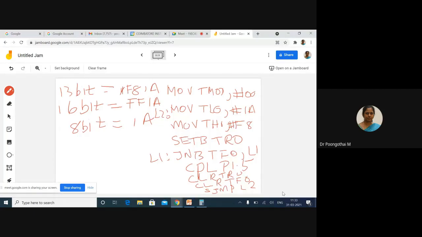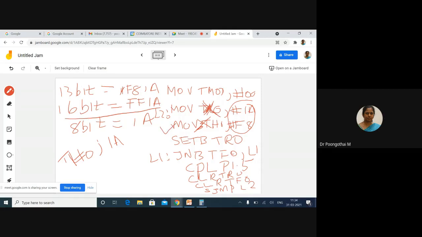For 16-bit timer mode, you just change the values alone: FF1A. The remaining will be the same. Only the initial value of the timer changes in 16-bit mode. In 8-bit mode, don't initialize TL0. You have to load the value into TH0, #1A. Don't load any value into the lower order register.